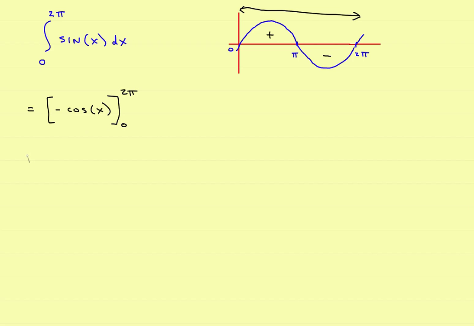So just like you've done in the past, go ahead and plug in the top number minus the bottom number. So this is going to be the negative of the cosine, and plug in the 2 pi, so plug in the top number, minus the negative of the cosine of 0. So it looks like that.